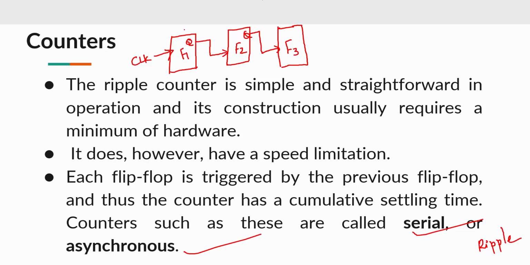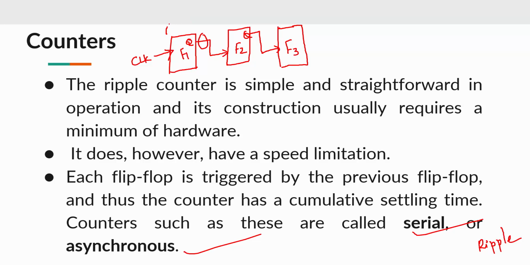Whatever value is available at the input of the first flip-flop will come to its output after applying the external clock pulse, and that will come to the next flip-flop after changing the output of the first flip-flop, because this acts as the clock of the second, and this will trigger the third.